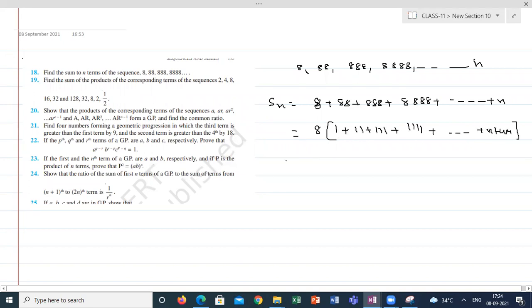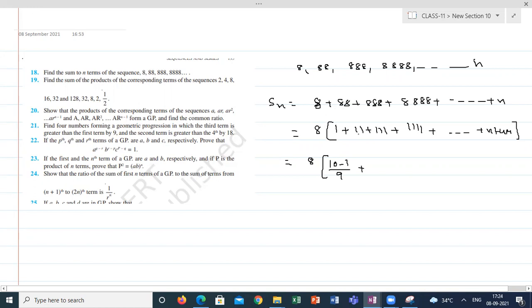This one can be written as 10 minus 1 by 9. This 11 can be written as 88.